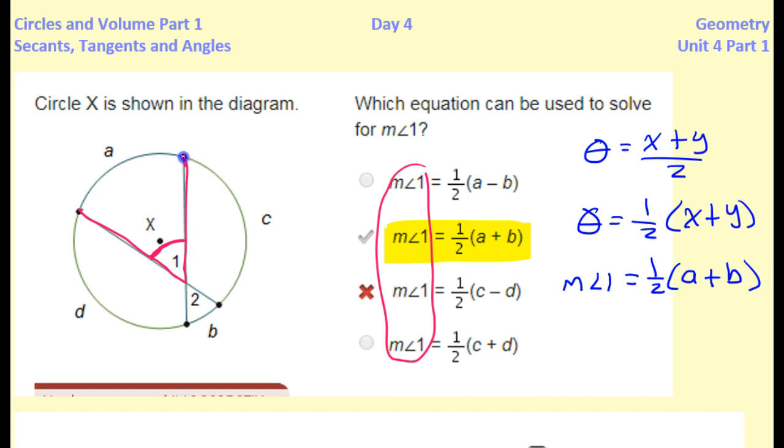So the intercepted arc is inside of angle 1. And what they have labeled as angle 2, that's also the same as angle 1. And again, the intercepted arc is down here. So C and D are not the intercepted arcs. They are not inside of the angle, and those are the arcs that you want, the ones inside the angles.